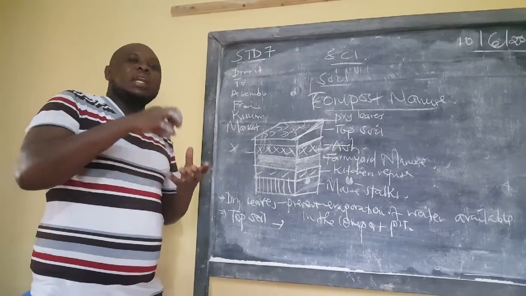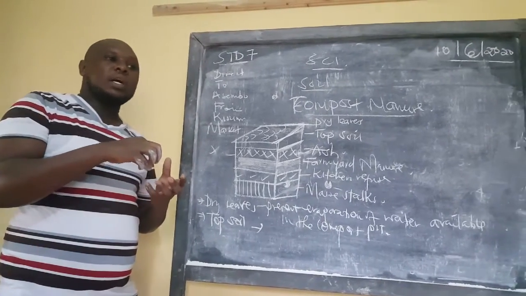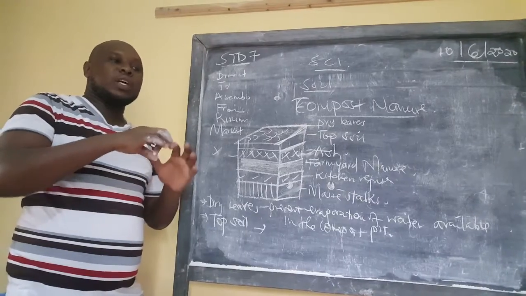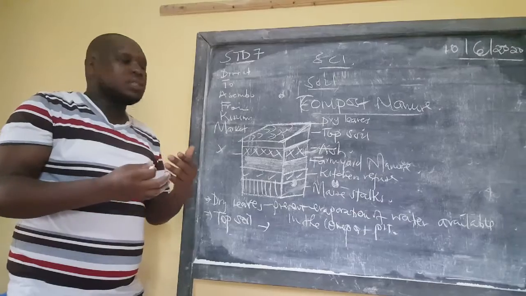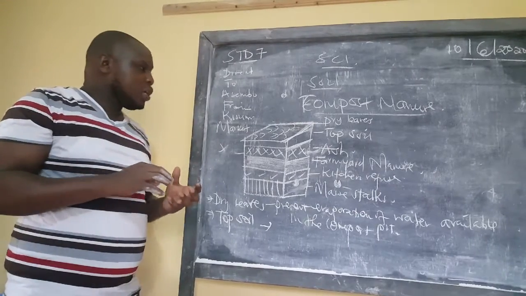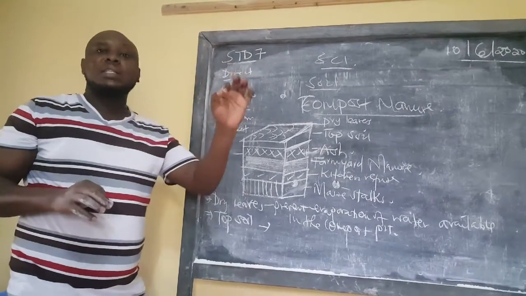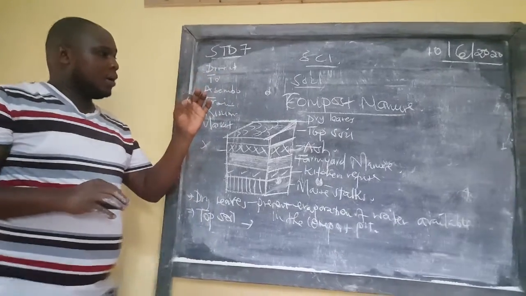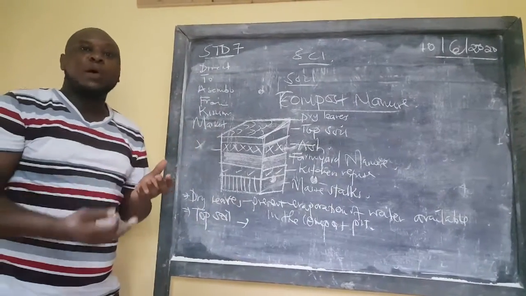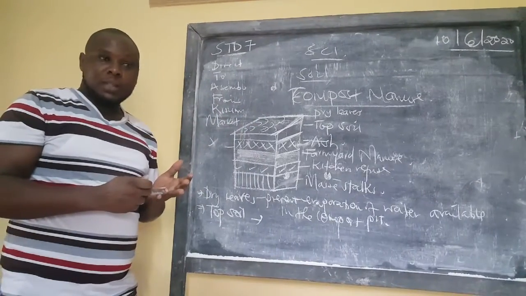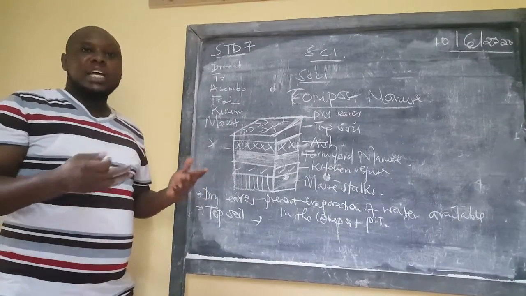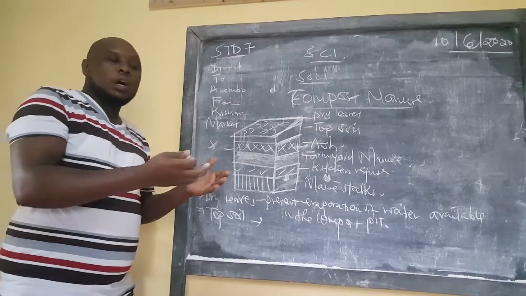Because it is well aerated, it is well fixed with small animals that aerate the soil and make it very porous for plant growth. Usually the topsoil is the one that carries the bacteria. The bacteria are not found deep in the soil; they are found on topsoil, where we have manure, that is the decayed matter. The decayed matter is only found on the top of the soil.